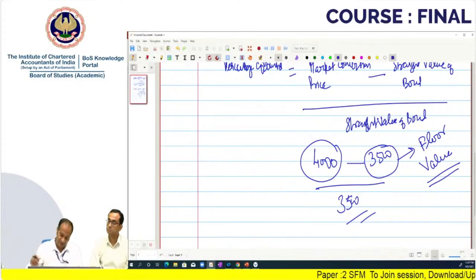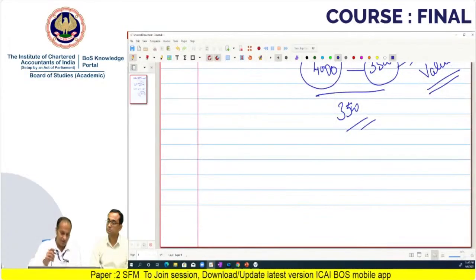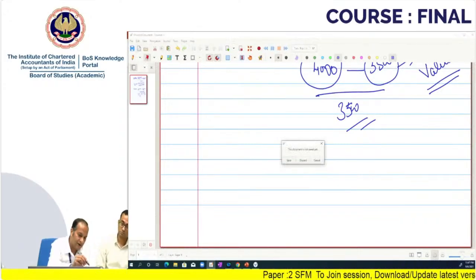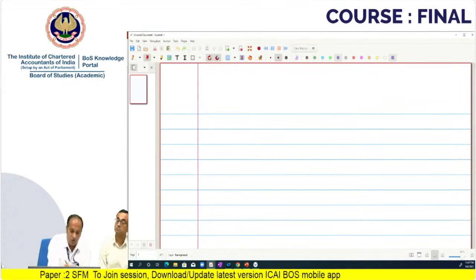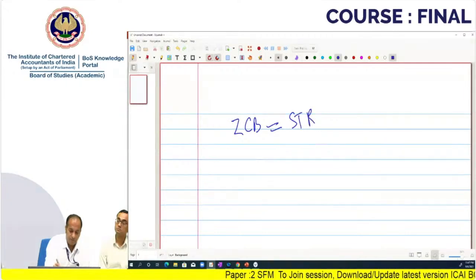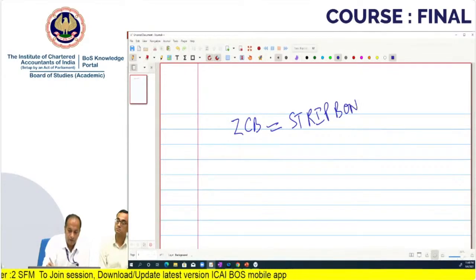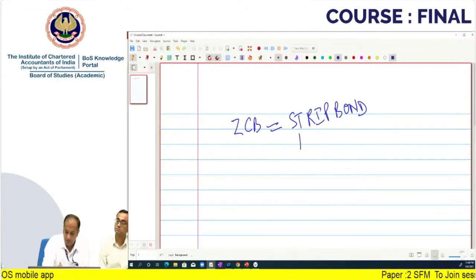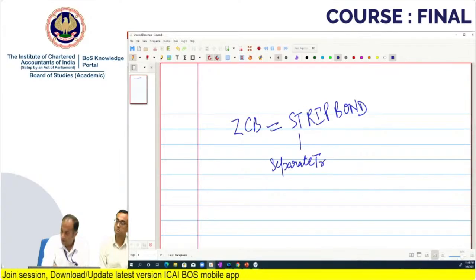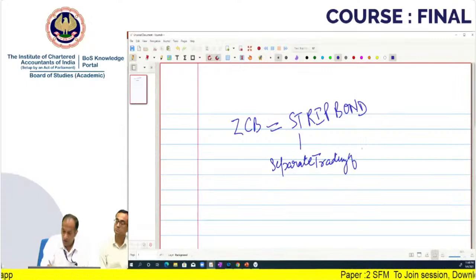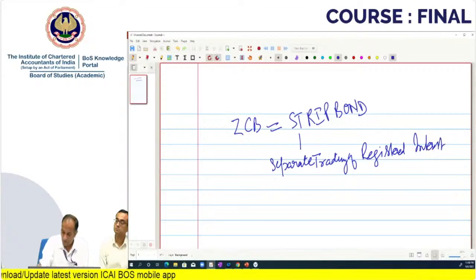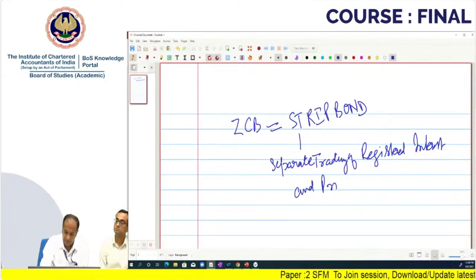The last thing I am discussing with you: there is one term written in the study material, that is zero coupon bond. Student, please remember, zero coupon bond is also called strip bonds. The full form is Separate Trading of Registered Investment Interest and Principal securities.